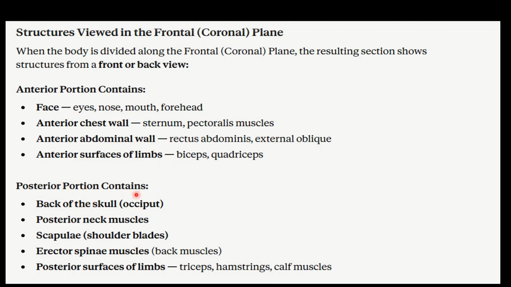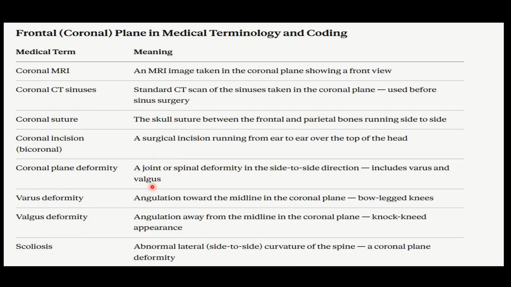Similarly, the posterior portion shows the back of the skull, posterior neck muscle, scapulae, erector spinae muscle, posterior surface of limbs. So this is how you can assume which body parts come in the anterior portion and posterior portion view. Now let's see how it is utilized in medical coding.